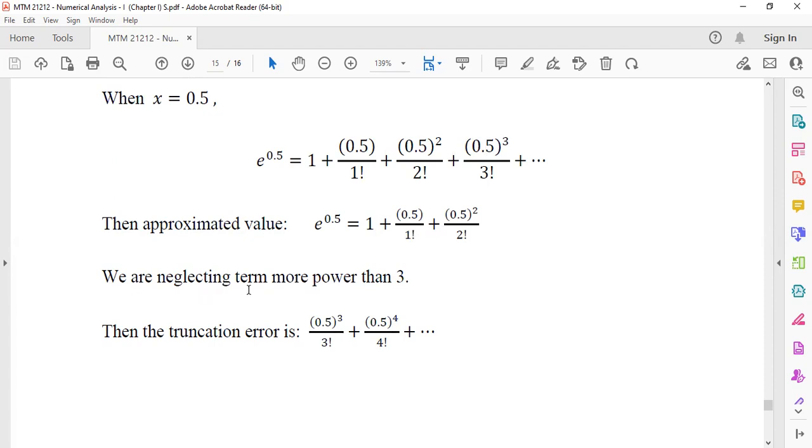Therefore, we are neglecting terms with power more than 3. After that, the balance will be the truncation error. It will be 0.5 cubed by 3 factorial, 0.5 to the 4 by 4 factorial, like that. So this is enough for you to answer. You don't need to calculate, but if you are interested, you can calculate this in the calculator to see what this value actually is. You can put some more plus terms.